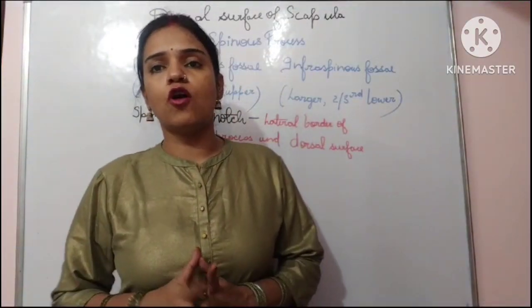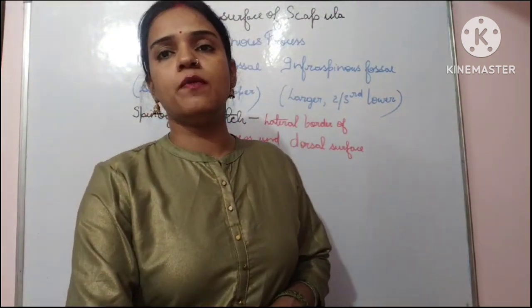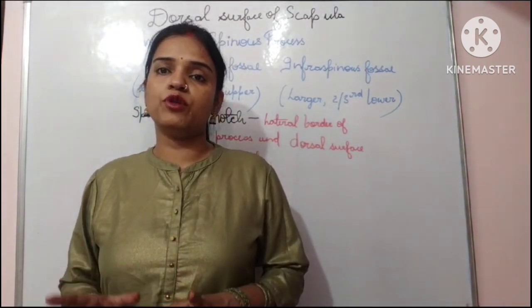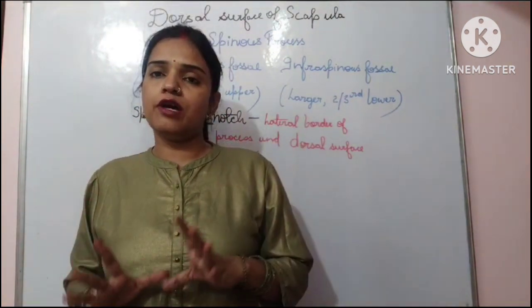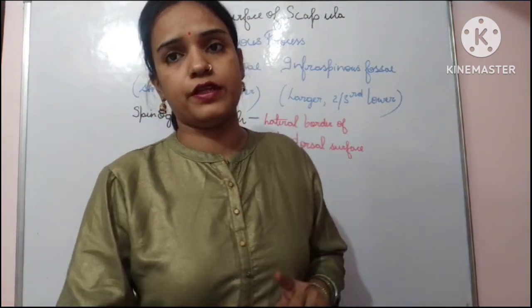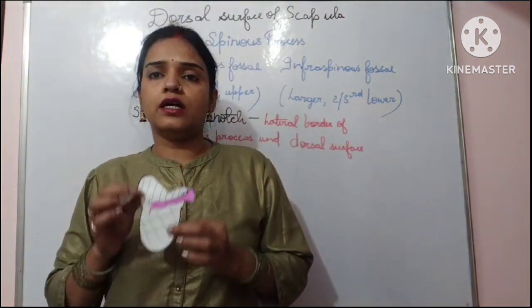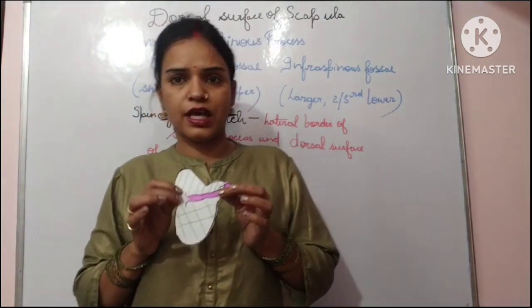So talking about the dorsal surface of the scapula, the first thing to be noted is that it is convex. The first thing you have to remember: the anterior surface was concave but this is convex. I don't have a real scapula, so this is a hand-drawn diagram of a scapula.